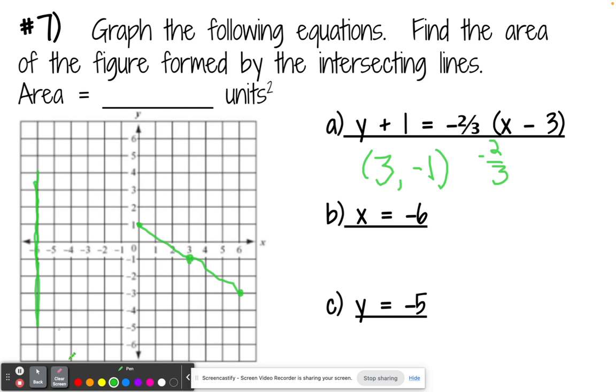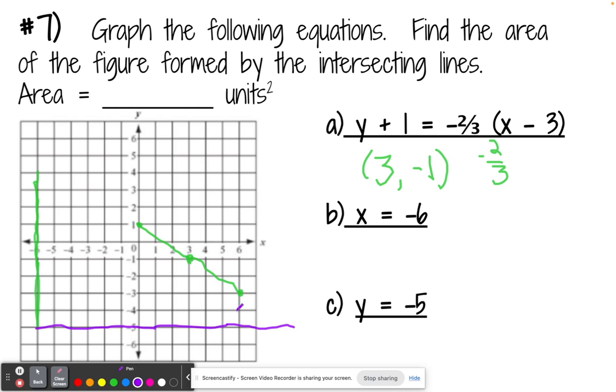And my y equals -5 is going to be a line that goes this way. So I think what we have going here, if I continued this, is a triangle.